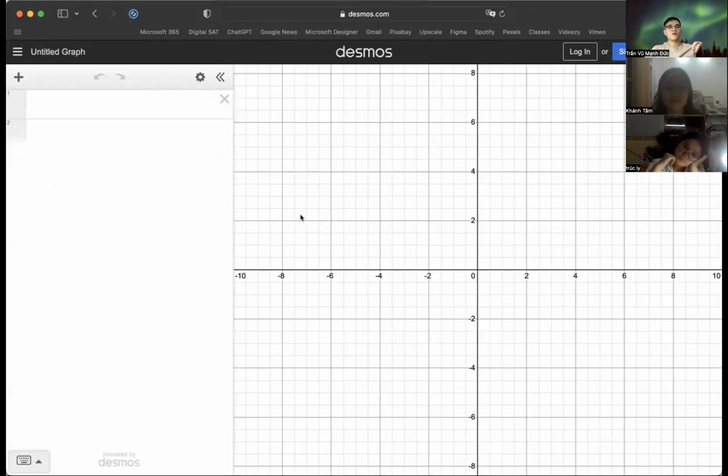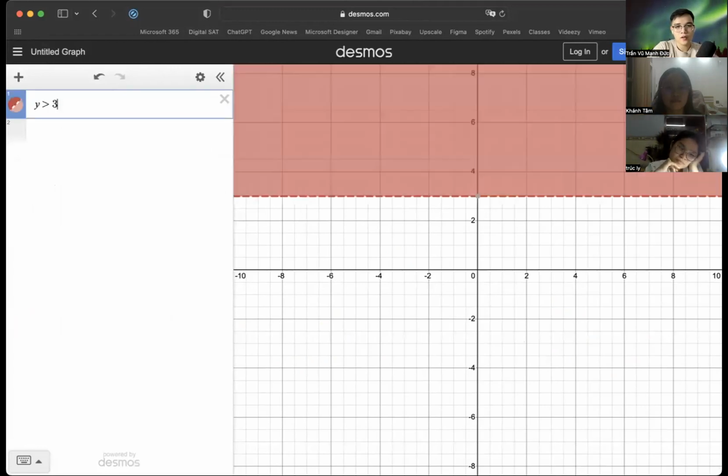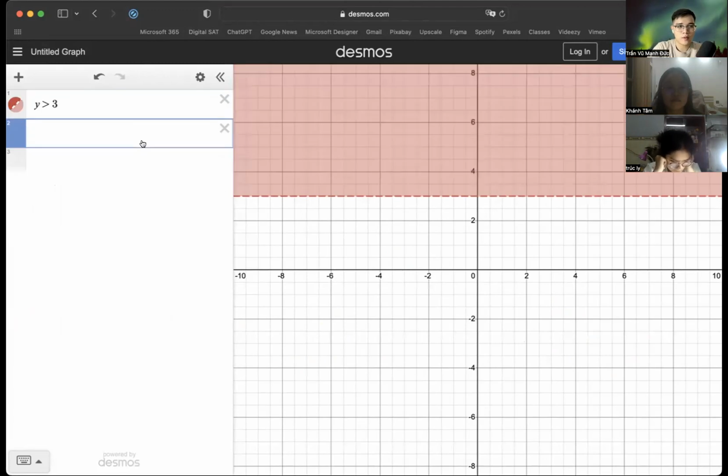All right. So in this case, for example, if y is bigger than 3, you can see it's like this. So how are you going to use bigger than or equal to? You're just going to have to type in y bigger or smaller and equal, right?